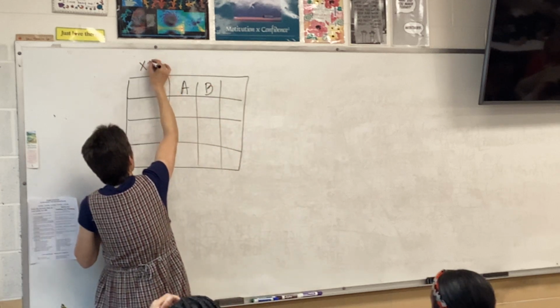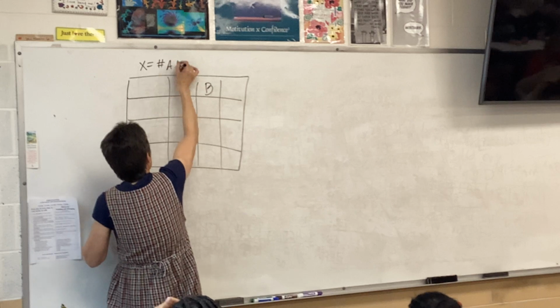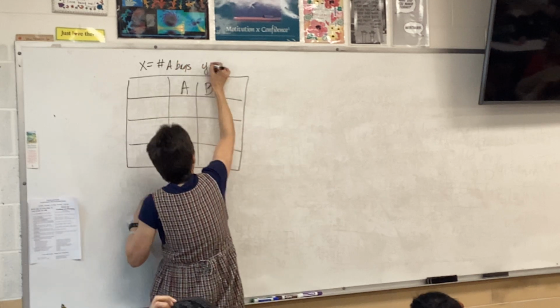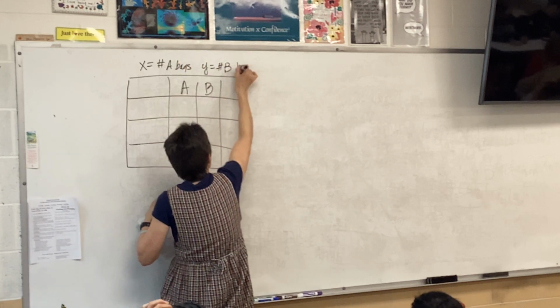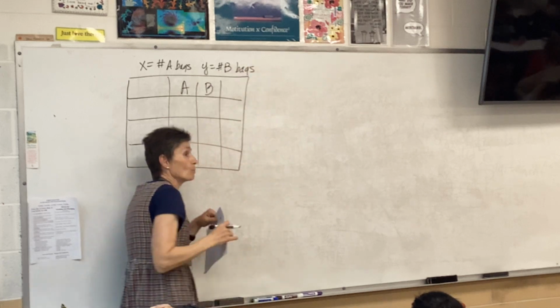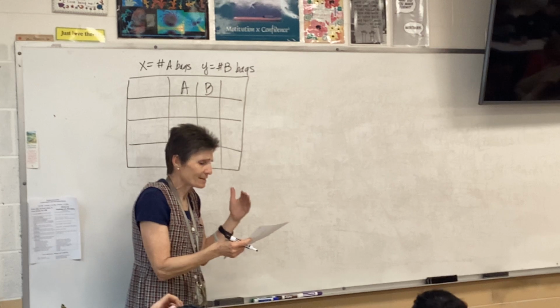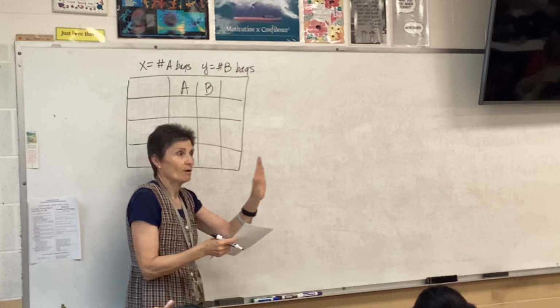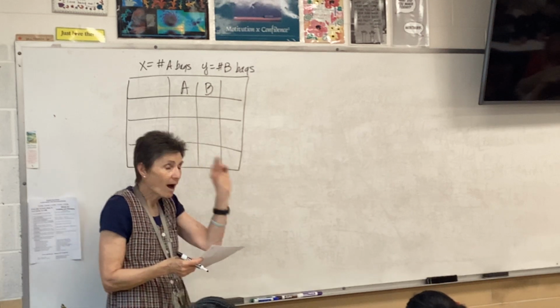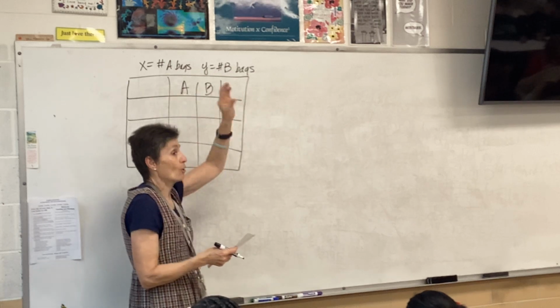And we're going to let X be the number of A bags and Y be the number of B bags. There's nitrogen and phosphorus and this and that. Okay, all that's good. But the top labels are the question.